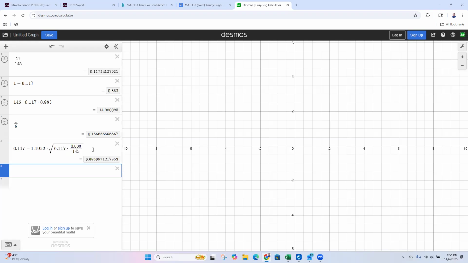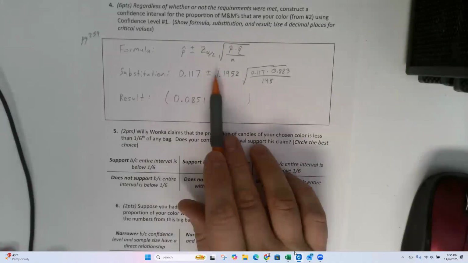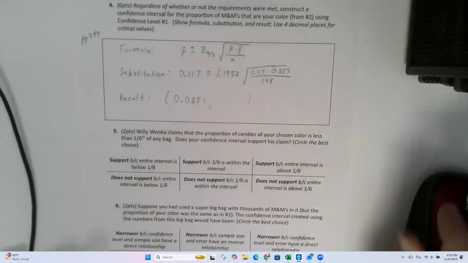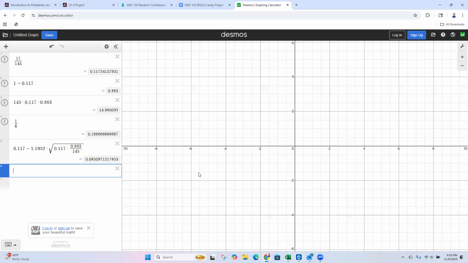So my low end is 0.0851. Right? So all I did was I plugged all this in using a minus sign. I need to do the same thing, plugging all that in with a plus sign. So I can just go up here and change this minus to a plus. And now I get the other end, 0.1489.